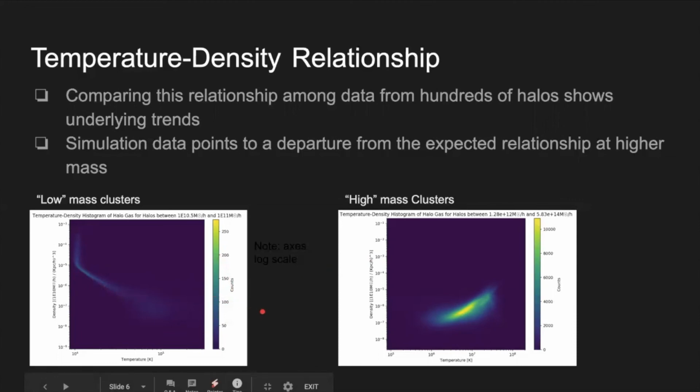This is because the cluster gas is described as a perfect or ideal gas, which would work out so that density and temperature are inversely related, which on a log scale would look like a negative slope. But these high mass clusters don't really show that, so it's not working out the same way.